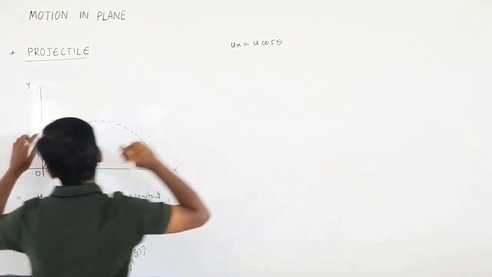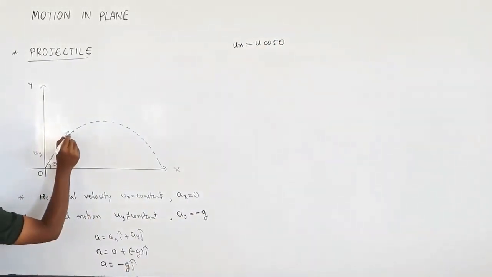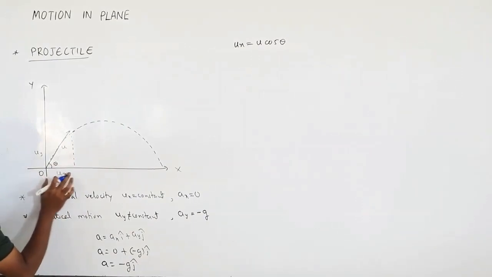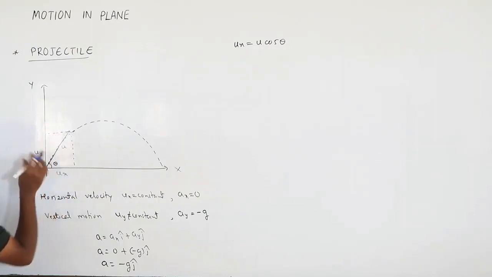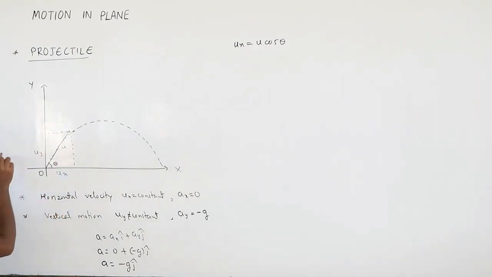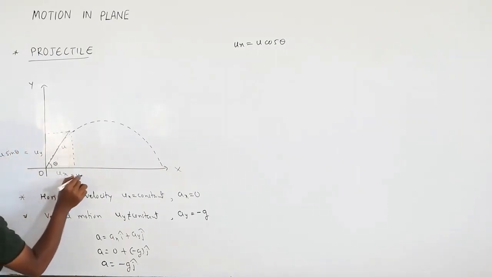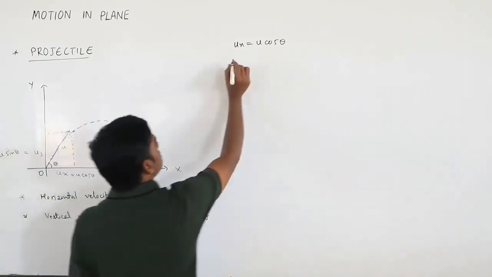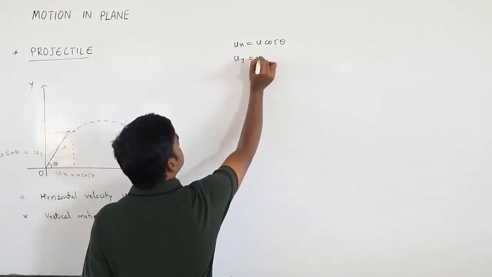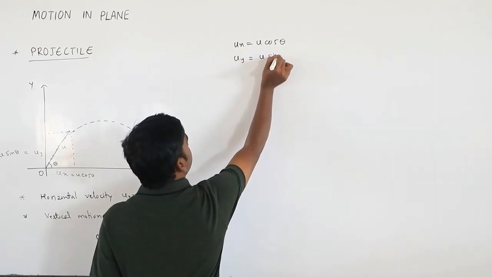You already know how we divide the components. Along here ux equals u cos theta, and here uy equals u sin theta.